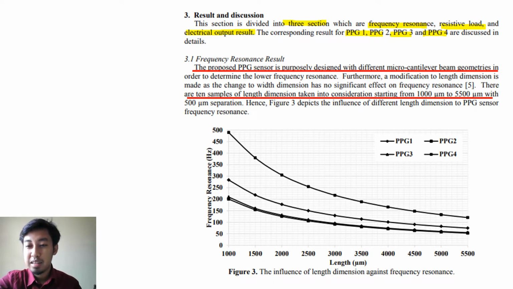The researcher will discuss in detail every single one and how the trend happens in the result. After that, you can write the next step, which is point 3.1, the frequency resonant result. Before you present your work, you need to highlight the objective of your result.